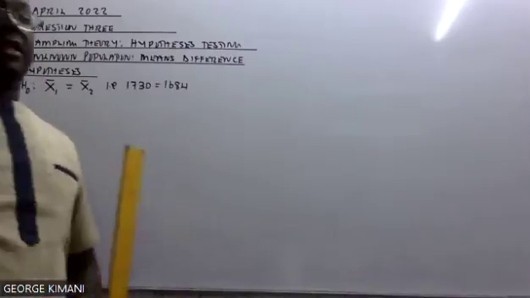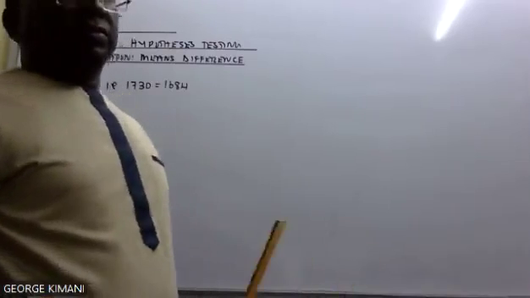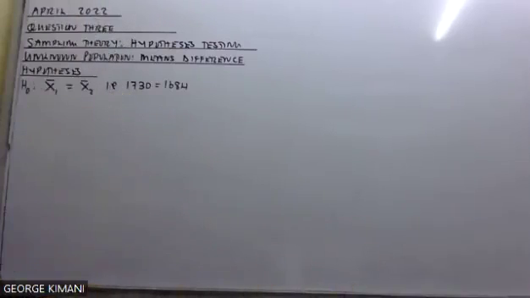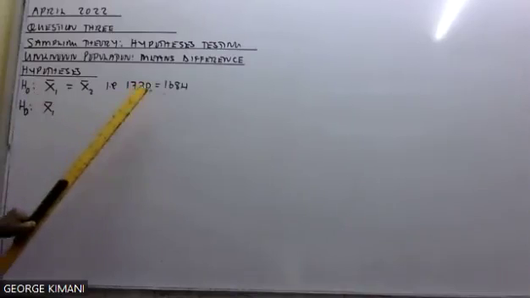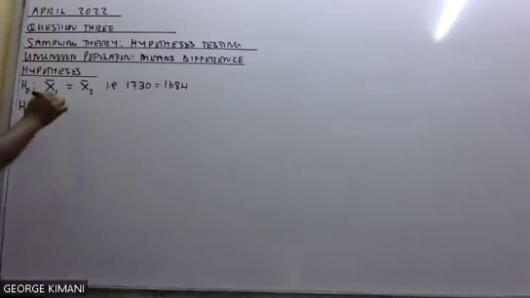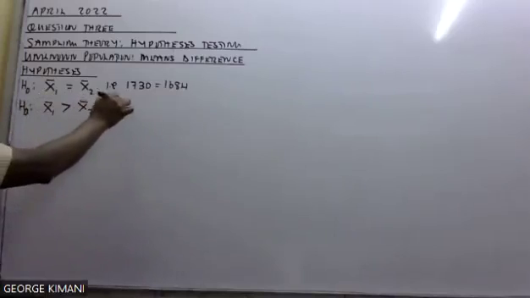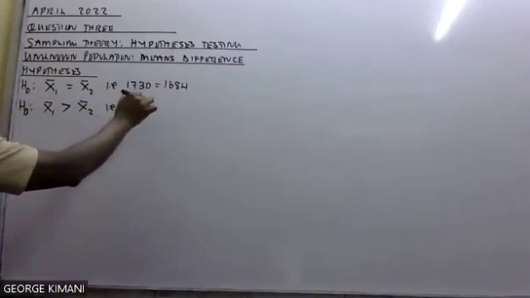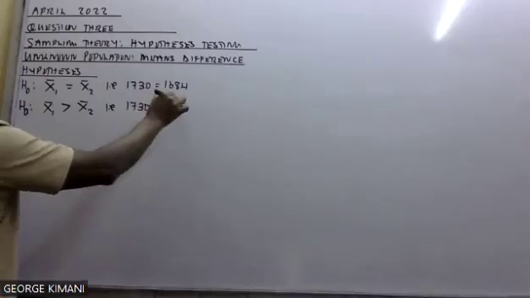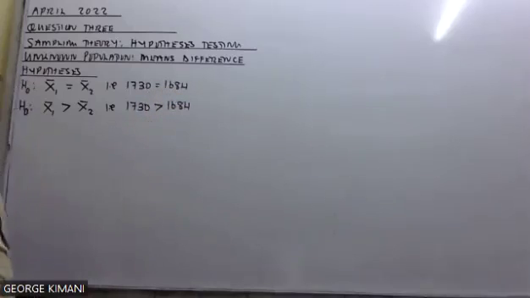That is how you put the null, meaning there is no difference. Then the alternative is stated, you now look at this one, whether it is greater than this or less. So as you can see, x bar 1 is bigger than x bar 2. That is 1730 is greater than 1684. It's greater than.